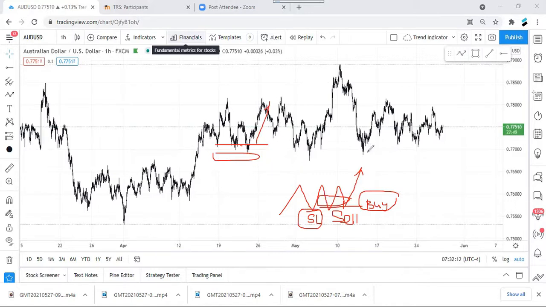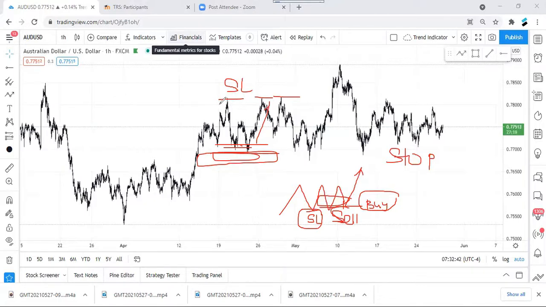When we say bank institutions are doing stop hunting, there are two types of stop hunting. First, the sell side liquidity. Why do I call this sell side? Because below the swing low are all the sell orders. Now, above the swing high, these are all stop losses also.